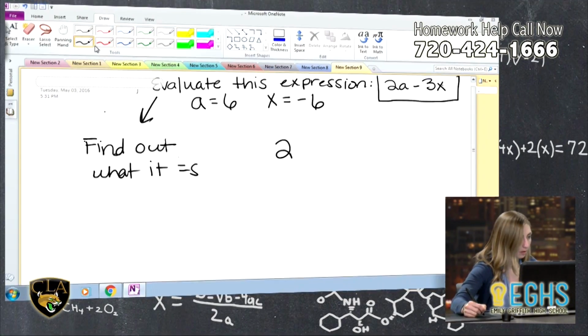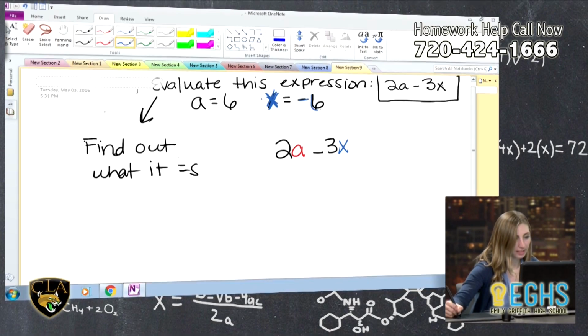Let's see. I'm going to use some colors. We'll say 2a minus 3, and we'll make x blue. So x, anytime we see x, we said it's negative 6. And anytime we see a, we're going to say that it is positive 6.